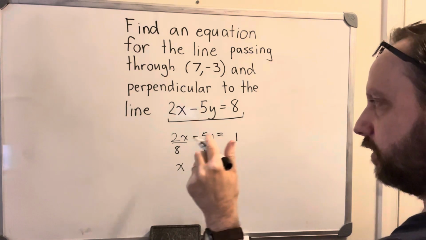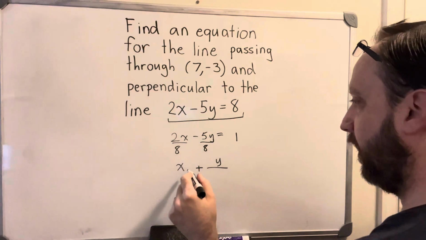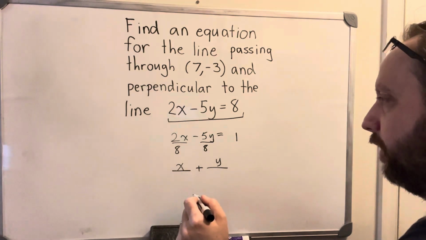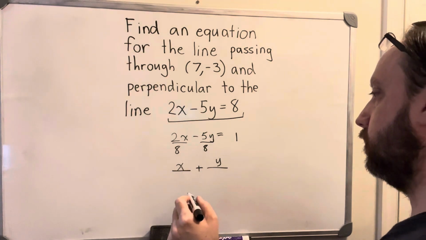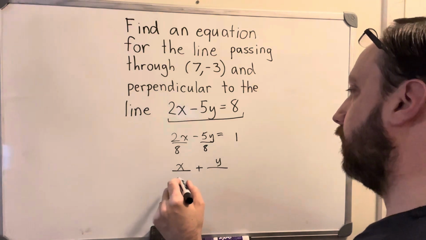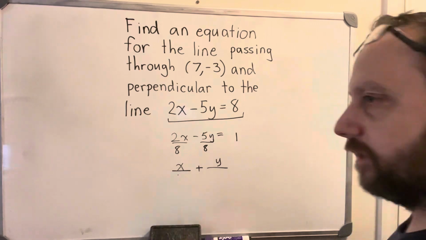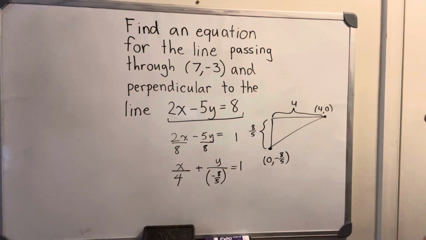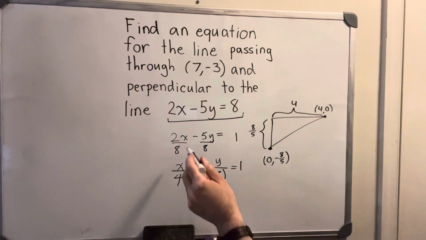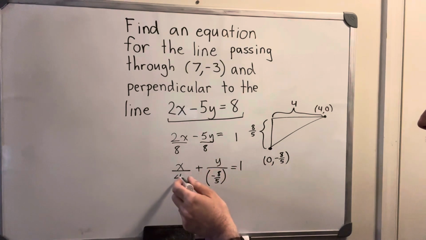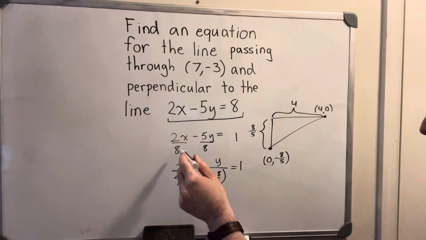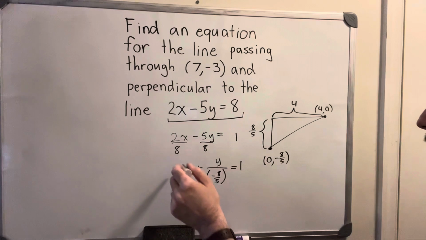Now, 2x over 8 is the same as x divided by what? So a, the x-intercept, is going to be 8/2, which is 4.